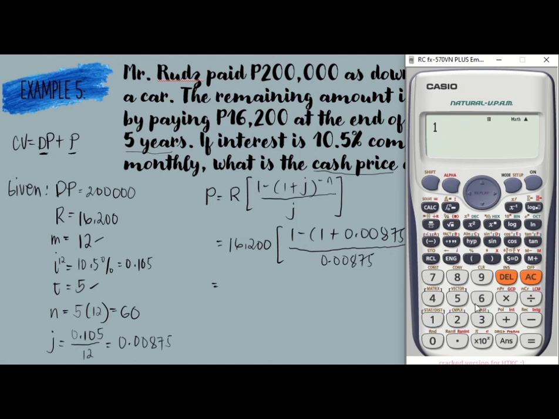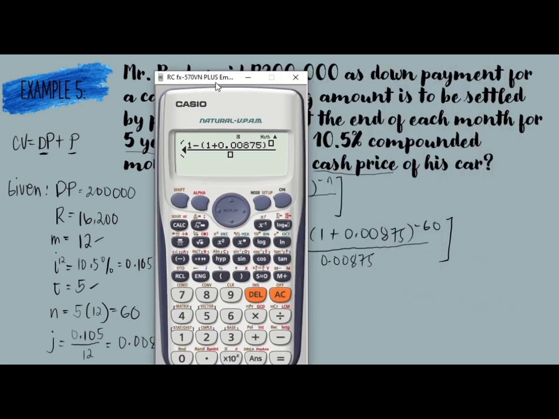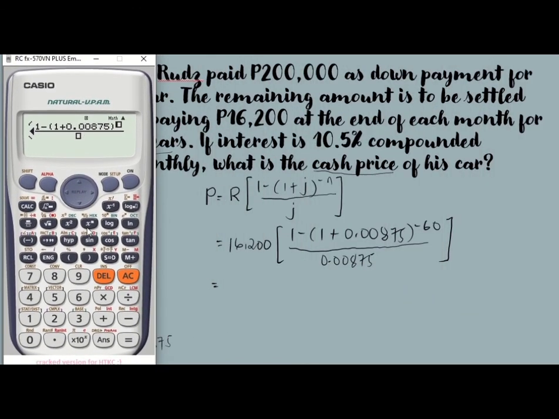Okay, so 16,200 times 1 minus the quantity of 1 plus j na 0.00875, then raised to, okay, so lipat ko lang dito sa kabila, raised to negative 60 over 0.00875, then equal.